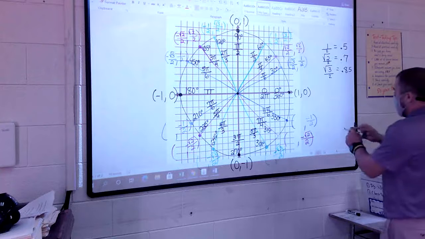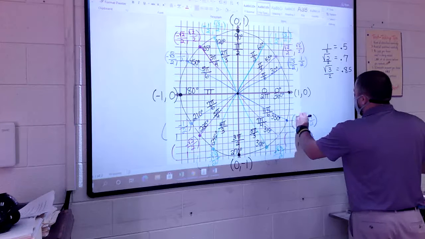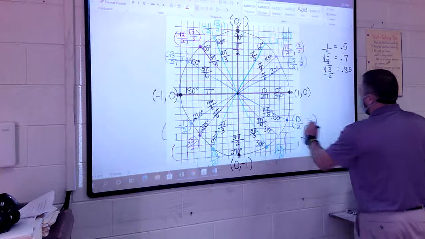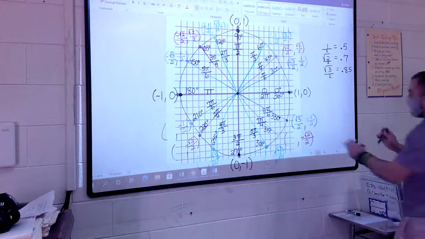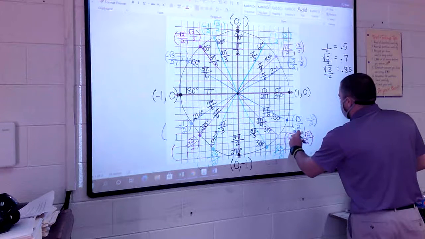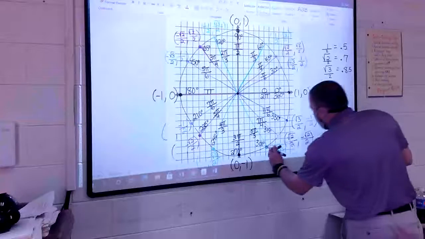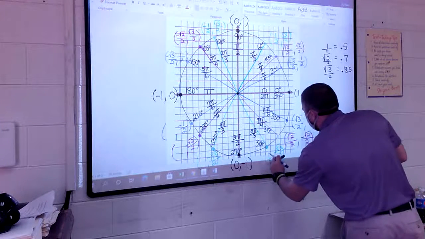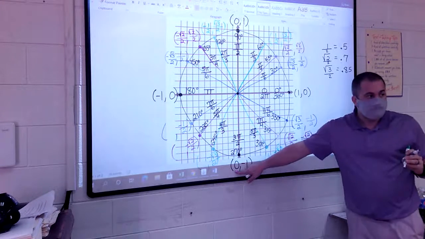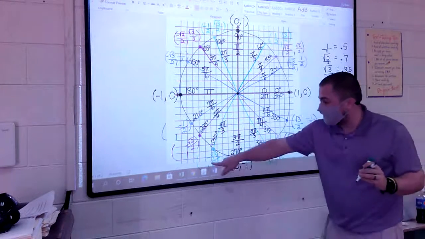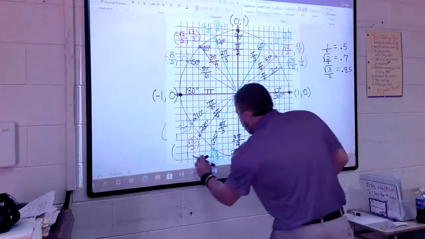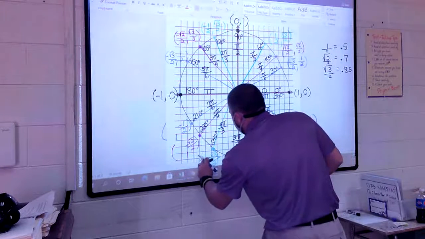So we start with the square root of 3 over 2. That's the closest thing to 1. And then we go to the square root of 2 over 2. And then we go to 1 over 2. Then we get to 0. Now we're going negative. So we go negative 1 over 2.